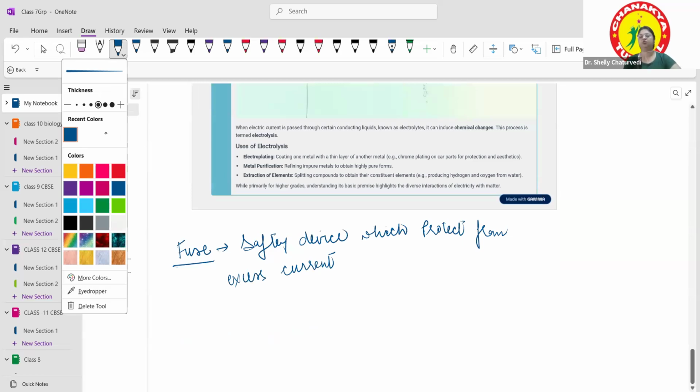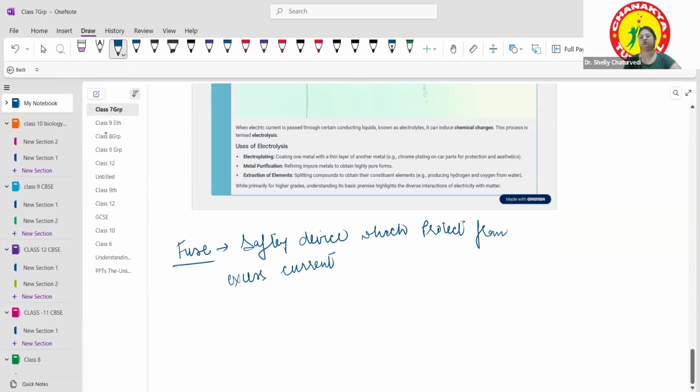Now, what else do we have in a fuse? We also have a thin wire.